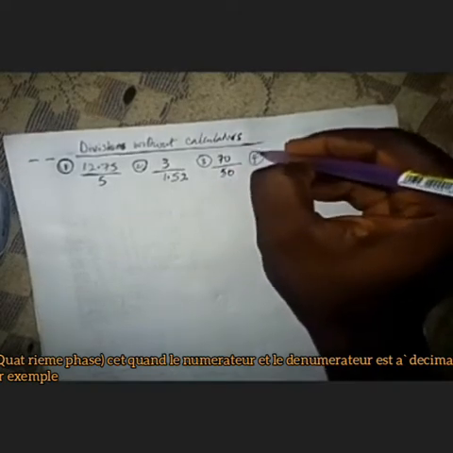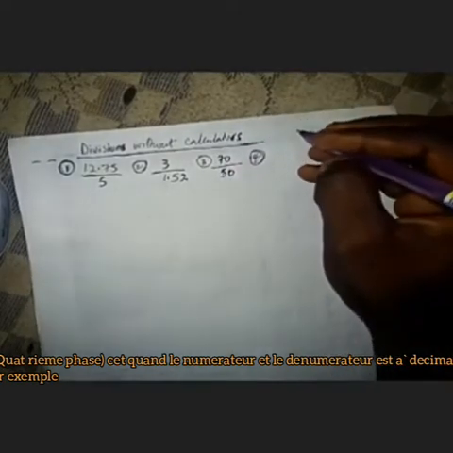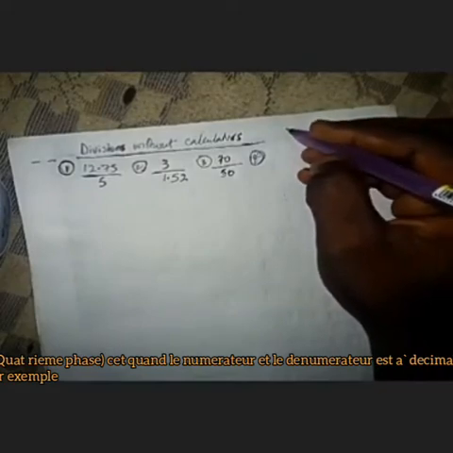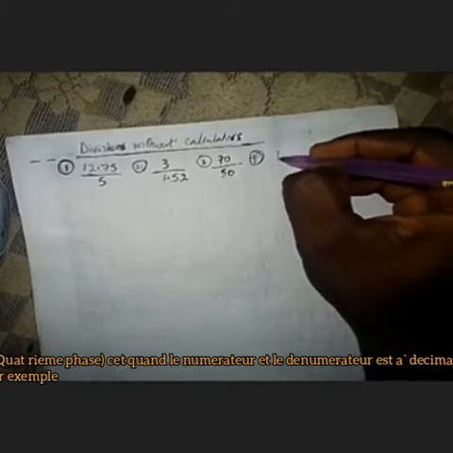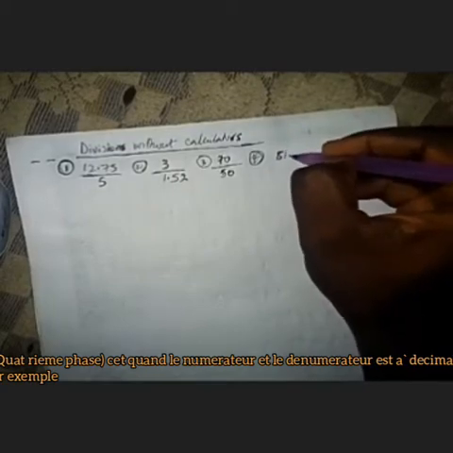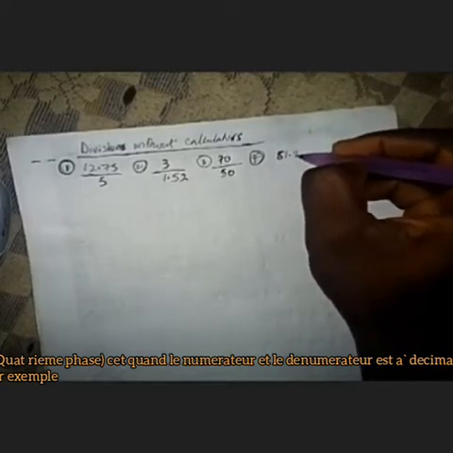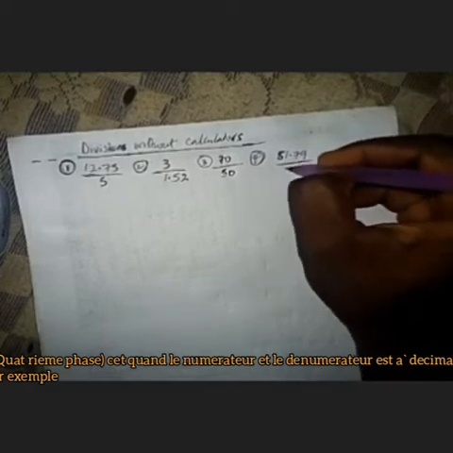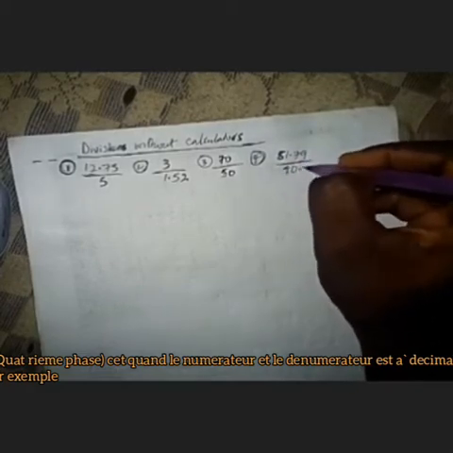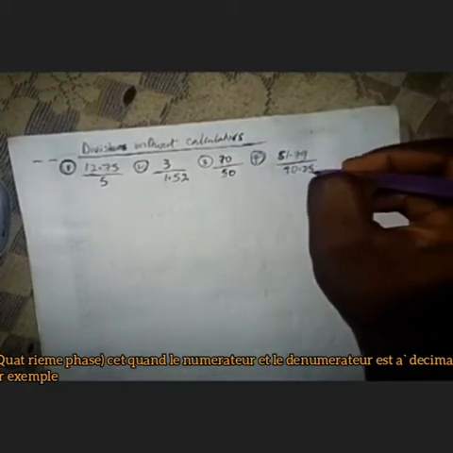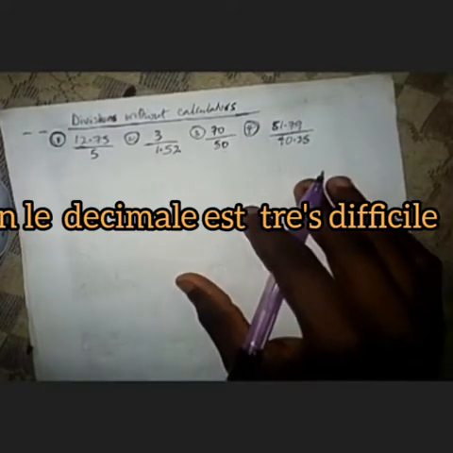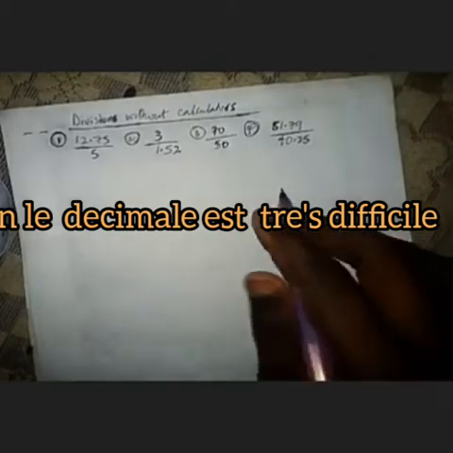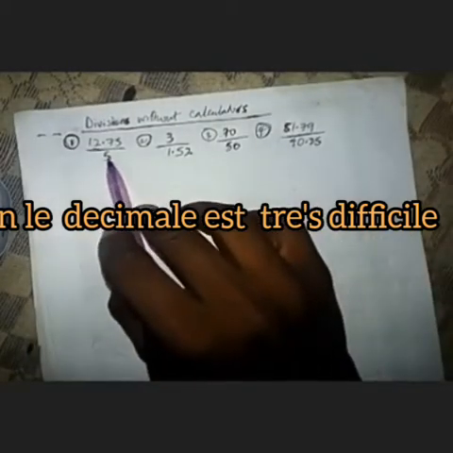And the fourth stage is when both are decimal, something like 81.79 over 40.25. So today I'll be working on those that have this kind.